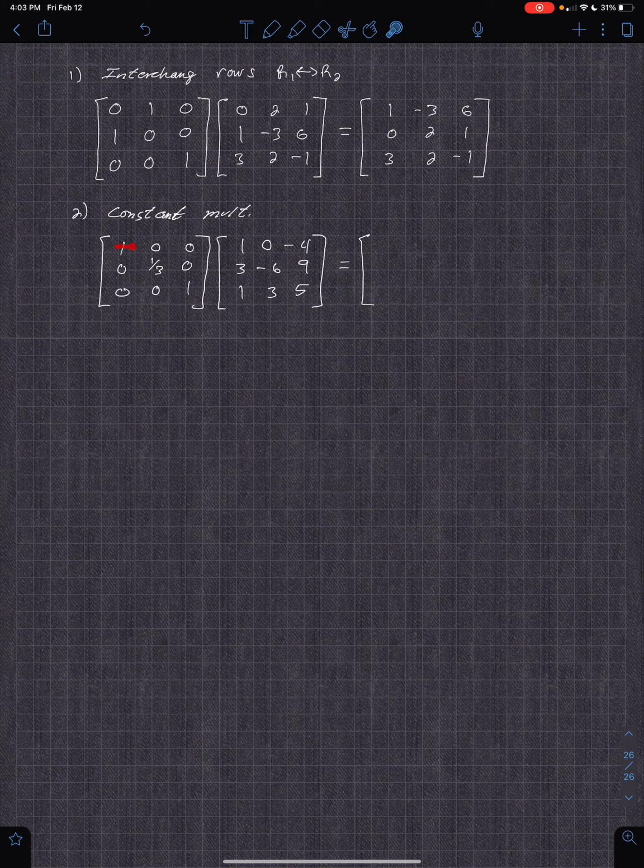So the first one doesn't change because you get 1 times this, everything else zeroes out, and then 1 times that zeroes out, and then 1 times that and zeroes out, and that's what your entries are. The second one, again, 0 times that is 0, and then 1/3, 1/3, 1/3, and then everything else zeroes out.